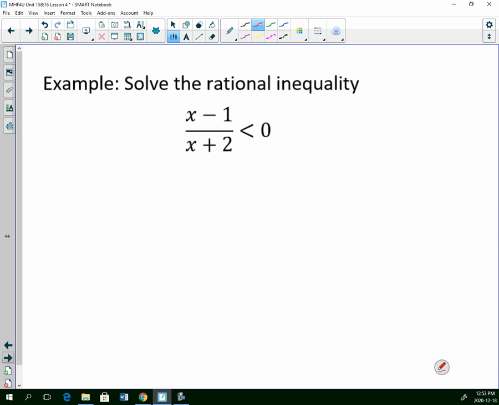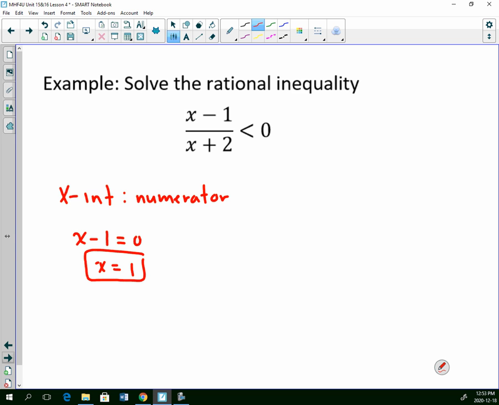So for example, if we want to solve the rational inequality, and we don't really want to graph it, we are first going to find the x-intercepts, which is determined by the numerator. Because if y equals 0 and I cross multiply, that would eliminate the denominator. So the numerator, I solve for x, and that's my x-intercept.